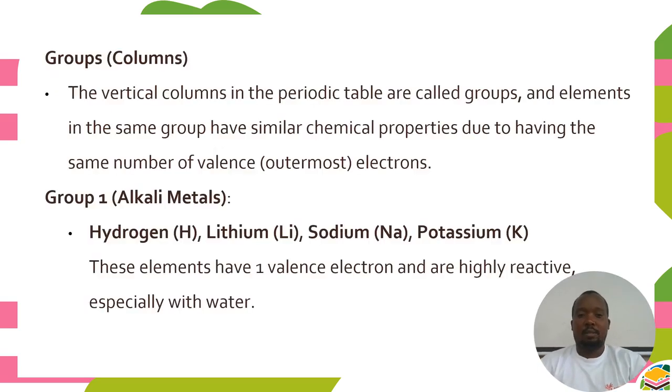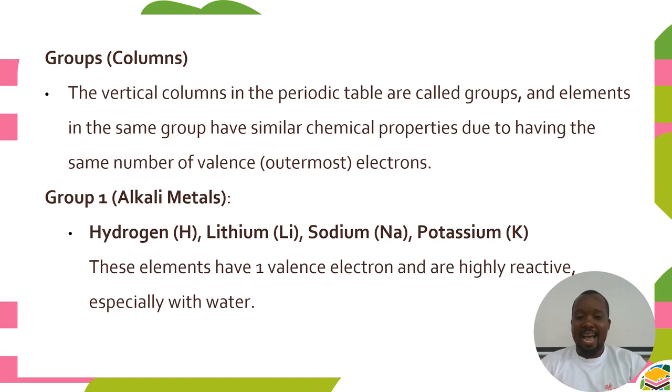What about groups? Groups are the columns of the periodic table. The vertical columns in the periodic table are called groups, and elements in the same group have similar chemical properties due to having the same number of valence or outermost electrons. Okay, let us go to group number 1, popularly known as the alkali metals.